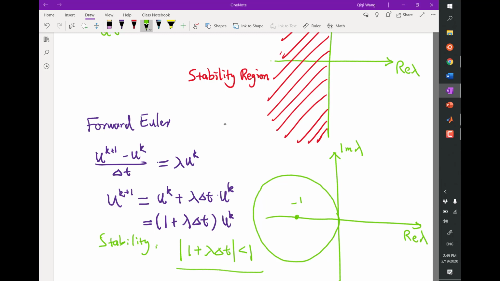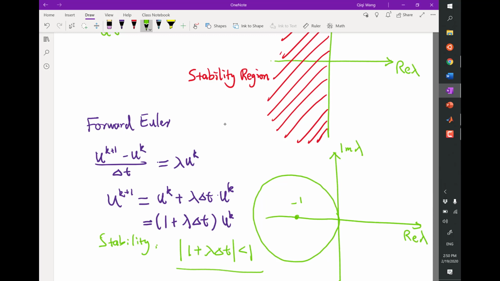But that's for lambda times delta t. How about for lambda? Yeah, we then have to divide both sides by delta t, right? What is a shape over here divided by delta t? You're actually expanding starting from the origin, right?